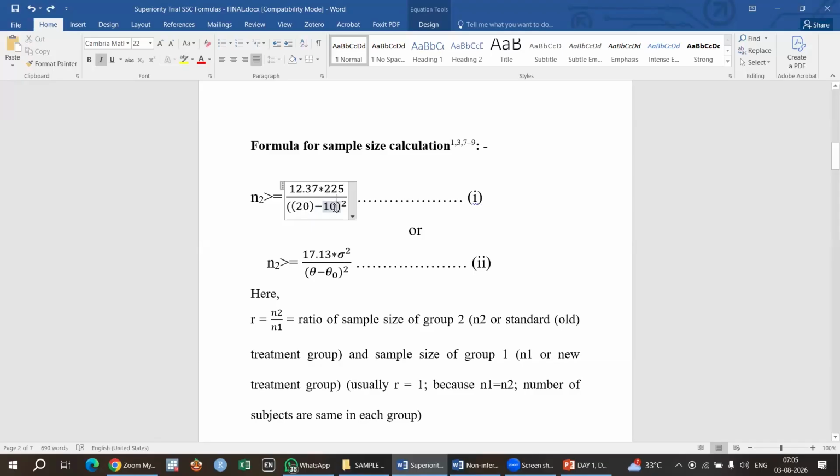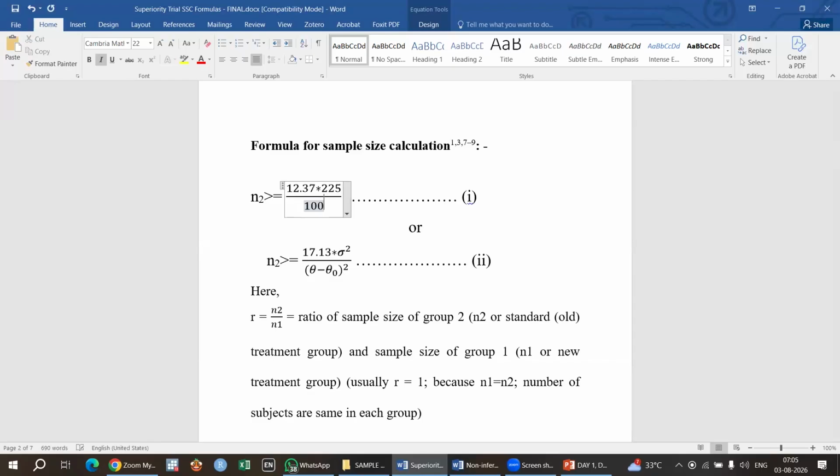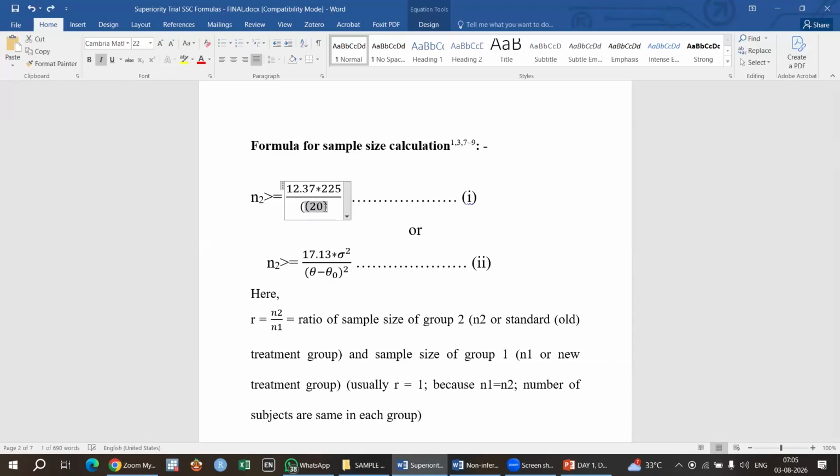20 minus 10 is 10. And 10 squared is 100, because there is a square in this formula, you can see. So 10 squared is 100.